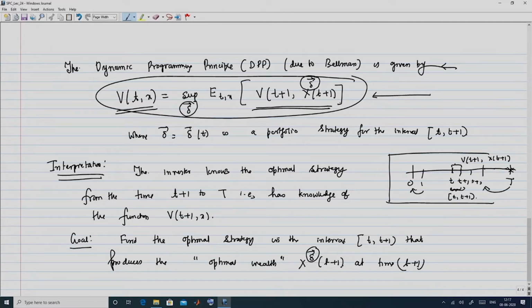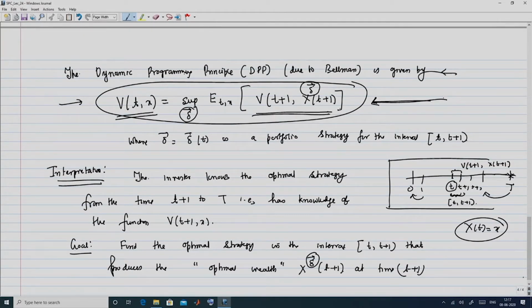So, this means that you use the principle to figure out the optimal strategy that you can adopt at time t with a wealth level x at time t being available to you, so that this condition of the dynamic programming principle is achieved.